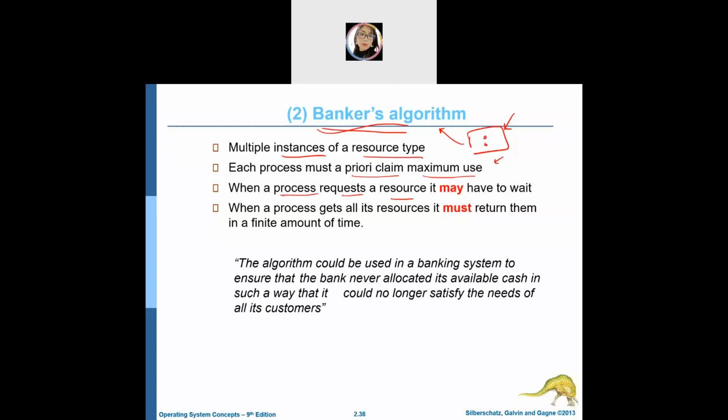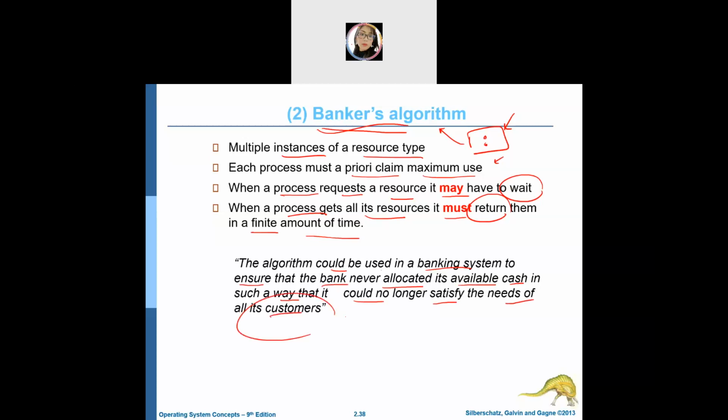When a process requests a resource, it may wait. When a process gets all the resources, it must return them in a finite amount of time. So the algorithm could be used in a banking system to ensure that the bank never allocates its available cash in such a way that it could no longer satisfy the needs of customers.